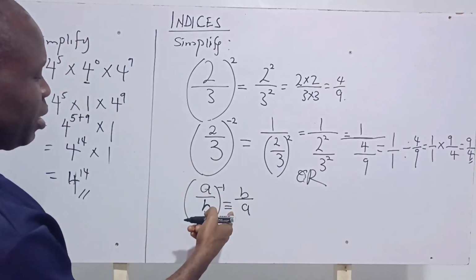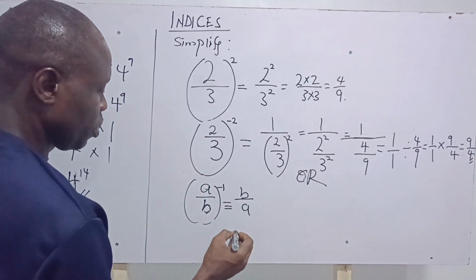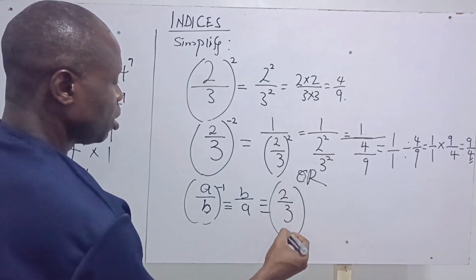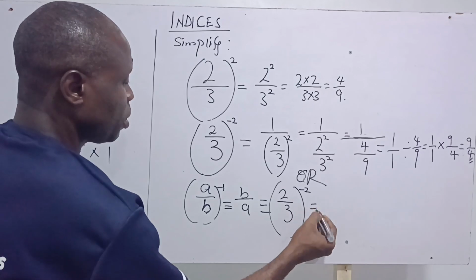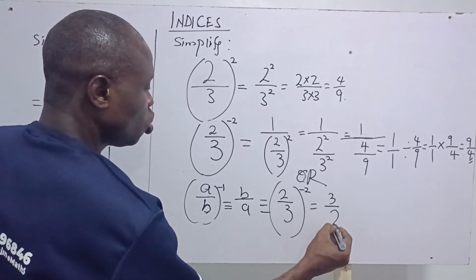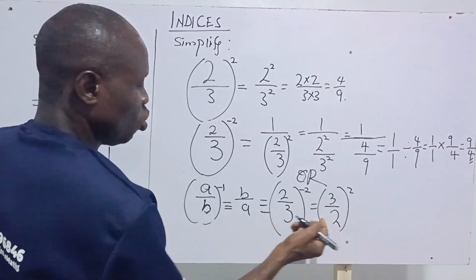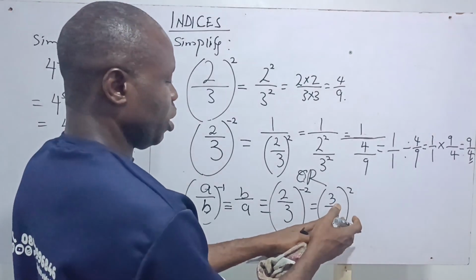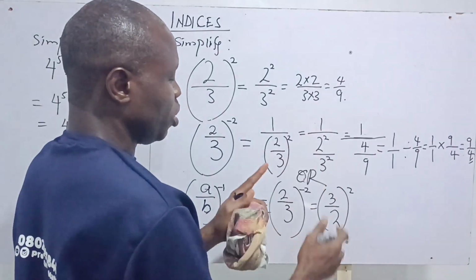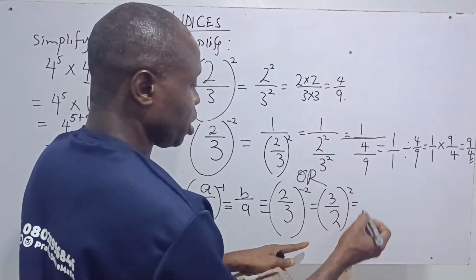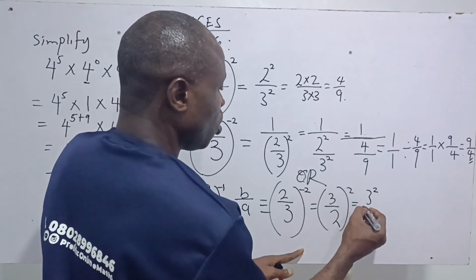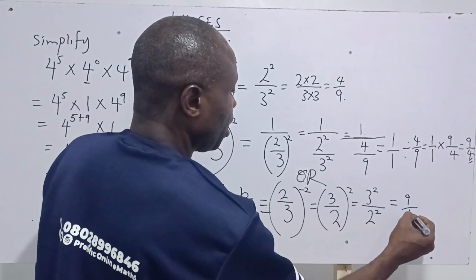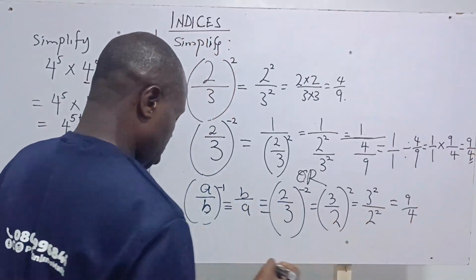If we apply this here, 2 over 3 raised to power negative 2 is the same thing as 3 over 2 raised to power 2. The fraction has been inverted. So we can express further as 3 raised to power 2 over 2 raised to power 2, which gives us 9 over 4, the answer we also got earlier.